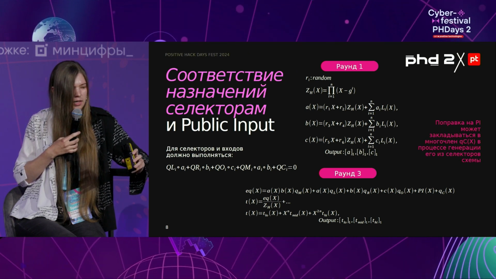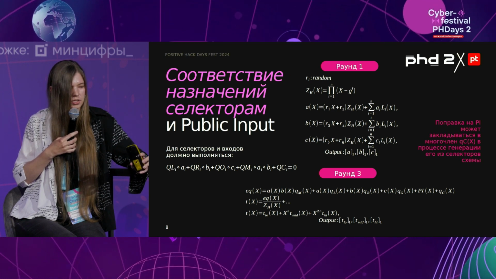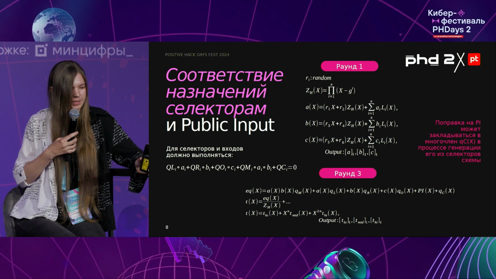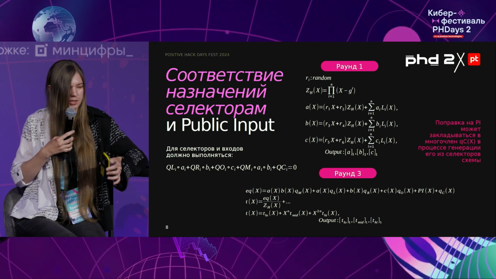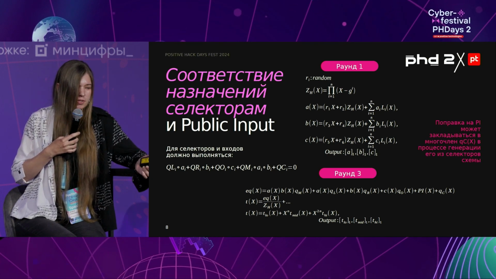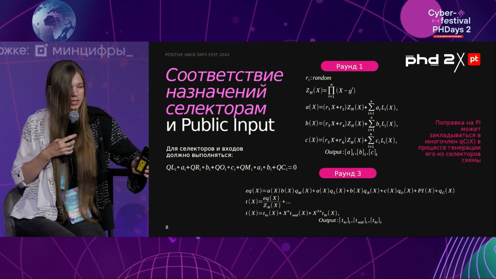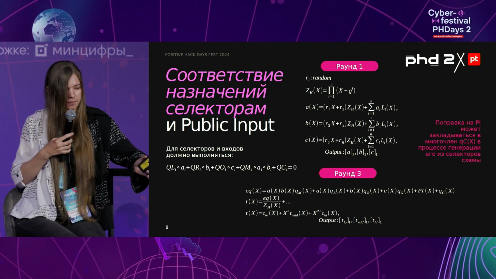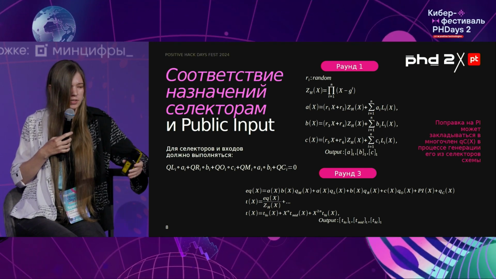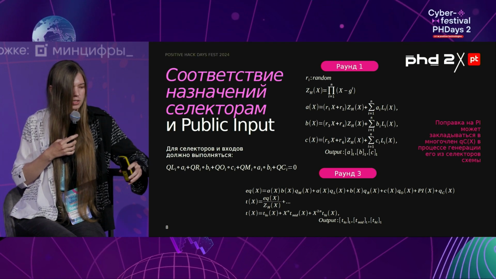And as each of the polynomials multiplied here gets the value of a selector or input or output, at a certain point it is expected that this polynomial will be equal to 0 in all of the points corresponding to the nodes of our scheme.